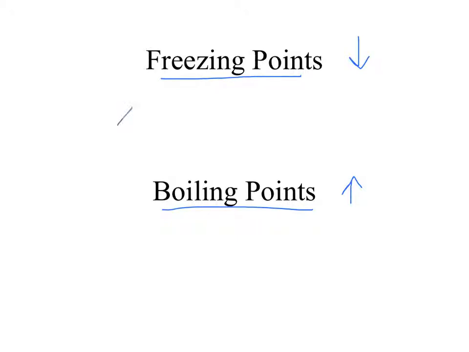So remember, the formulas for these are telling you that your change in temperature is going to be equal to a freezing point or boiling point constant that I'm going to provide for you, times the molality of the solution. And remember, with molality, that's small m, you are calculating based on moles of solute per kilograms of solvent.